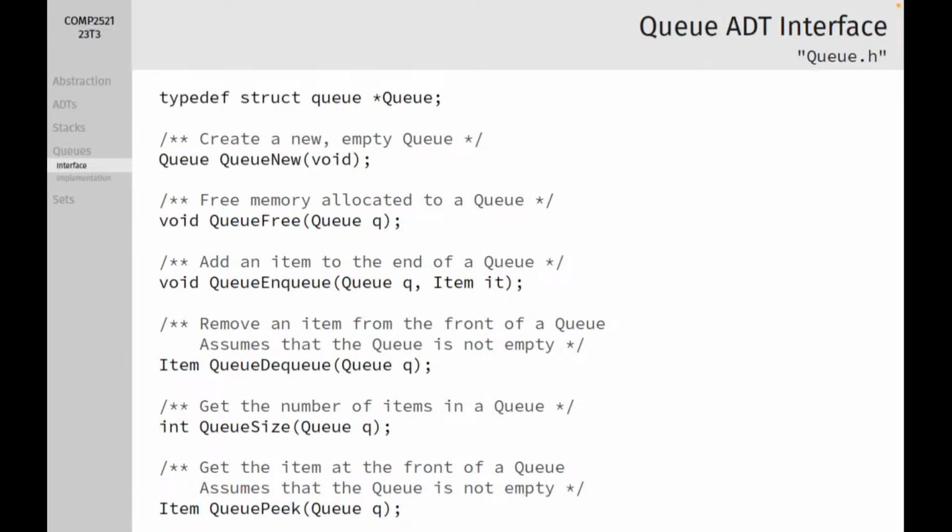And notice that we have the same constraints as with the stack. When we dequeue an item or get the item at the front of the queue, we assume that the queue isn't empty, because it doesn't make sense to get an item from the queue if the queue is empty.